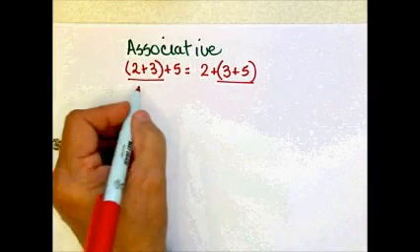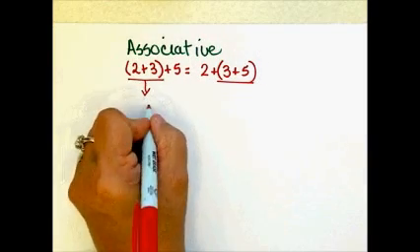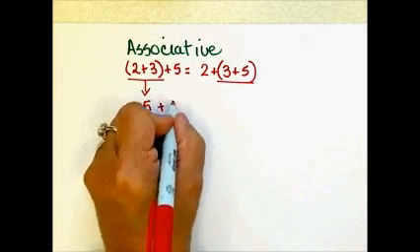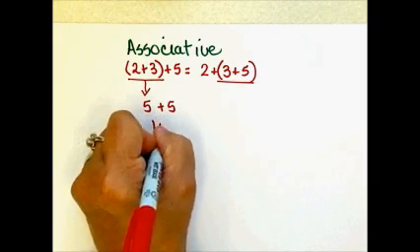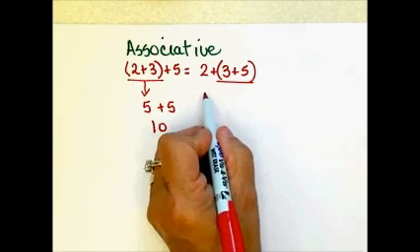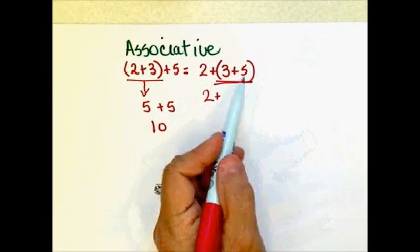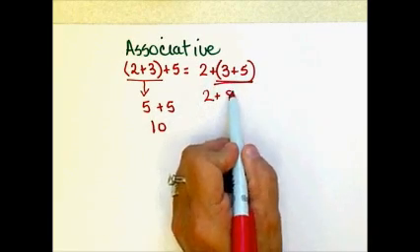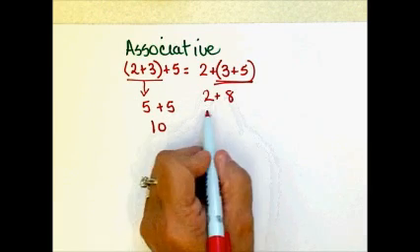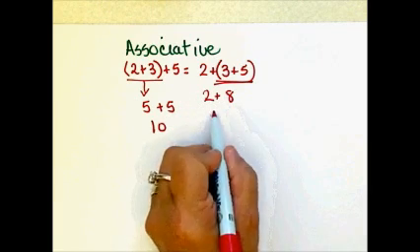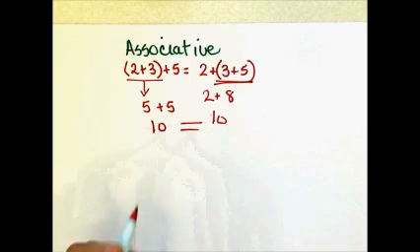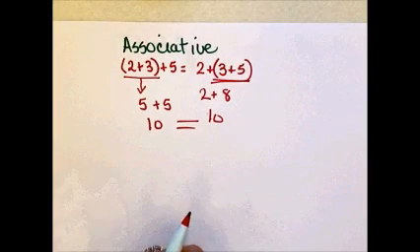So on the left-hand side, when I add here, I get 5. And 5 plus 5 is 10. On the right-hand side, I bring down my 2, do the addition in the parentheses. 3 plus 5 is 8. So I have 2 plus 8 is 10. And that is correct. So the associative property held true for addition.